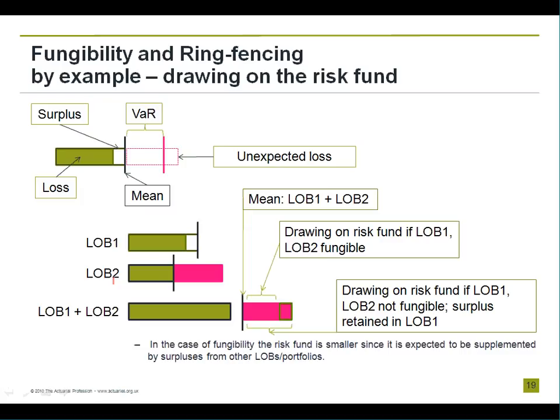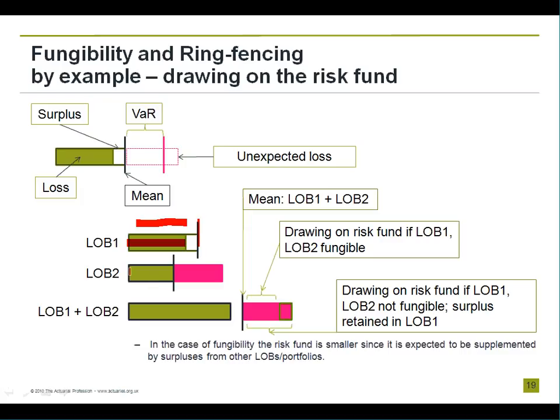Let's now assume that for LOB1, that is the loss, the green part, and the mean for LOB1 is there. So that's the distance for LOB1. In this particular example, because the loss is less than the mean, there's the surplus here. Now, is the surplus going to be used to pay for the other line of business that exceeds the mean or not?